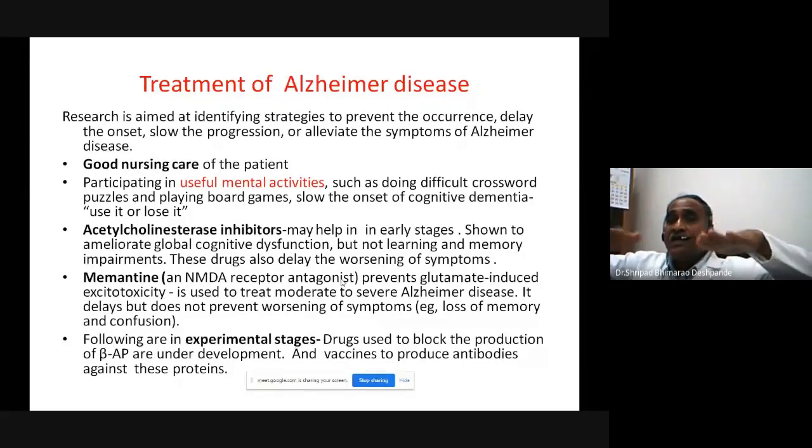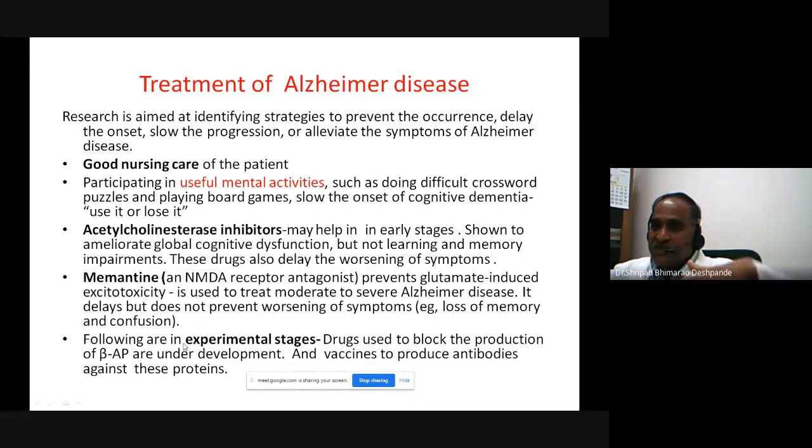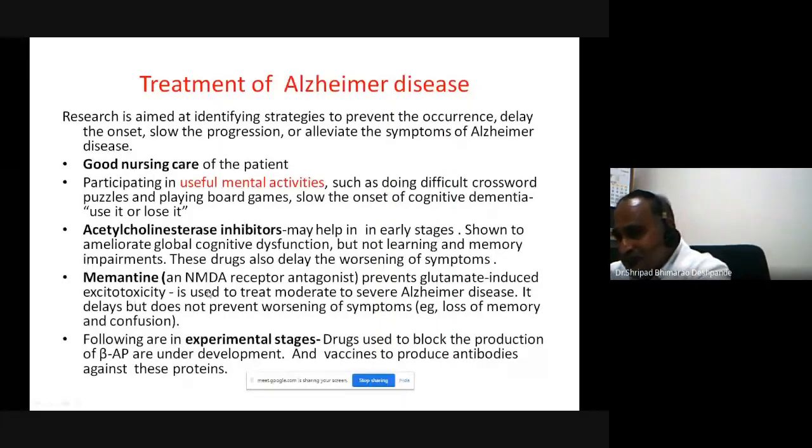Increased activation of glutamatergic transmission leads to excitotoxicity and other damage. So you try to decrease the glutamate activity through the NMDA receptor antagonist memantine. We still have drugs under development which can block the beta amyloid protein, and vaccines are under progress. That is Alzheimer's disease.